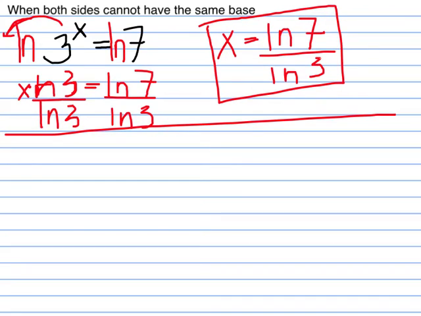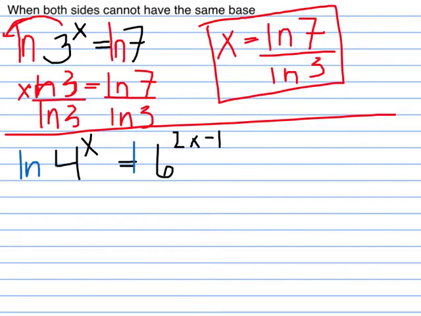Now let's say that we have a little bit harder one here. Okay, there you go. 4 to the x equals 6 to the 2x minus 1. Alright, so we go and we take the natural log of both sides here.